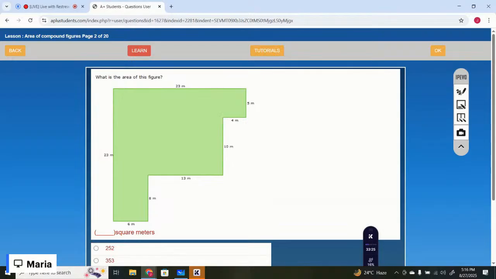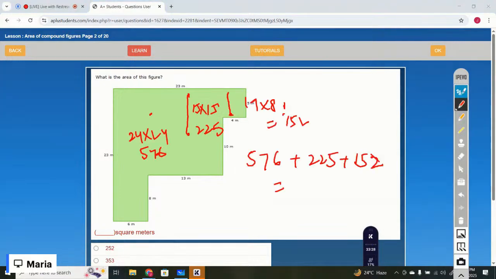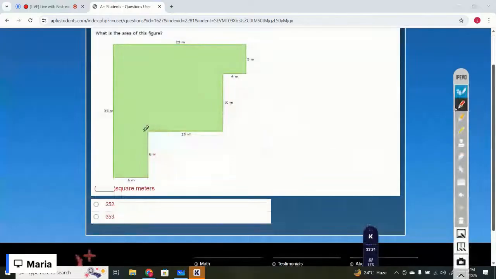What is the area of the figure? So let's just divide the complex figure into simpler figures and then calculate their areas. This is one shape, this is 2 and 3. That is 6 times 8, which is 48.